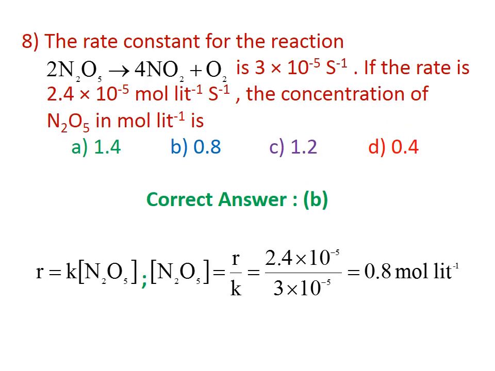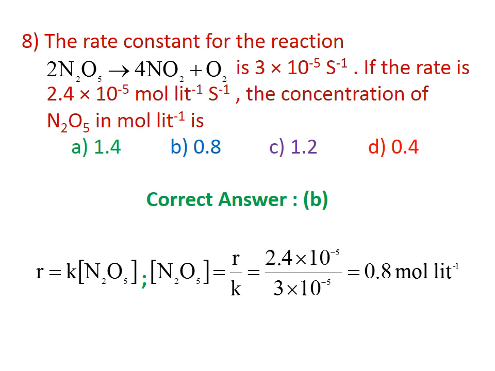8. The rate constant for the reaction 2N2O5 gives 4NO2 plus O2 is 3 into 10 to the power of minus 5 second power minus 1. If the rate is 2.4 into 10 to the power of minus 4 mole liter power minus 1 second power minus 1, the concentration of N2O5 in mole liter power minus 1 is, and here it is a best example for the unimolecular reaction.